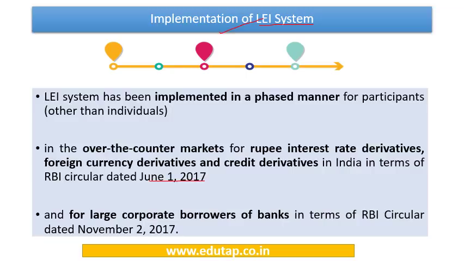And then for large corporate borrowers of the banks, the system was introduced in terms of the RBI circular dated 2nd November 2017. So this system has been implemented in a phased manner, initially for over-the-counter markets and then for large corporate borrowers of banks.